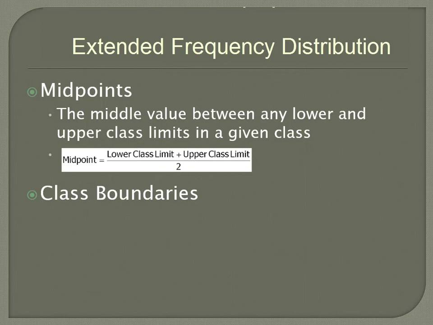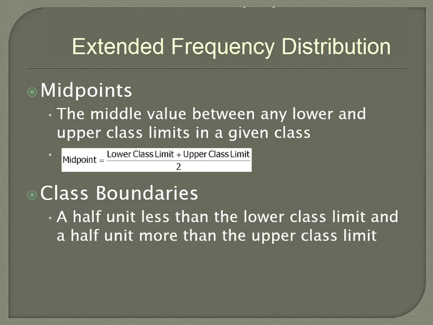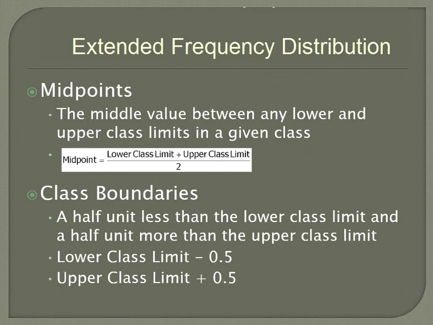Class boundaries. These are a half unit less than the lower class limit and a half unit more than the upper class limit. So if you take the lower class limit minus 0.5 and the upper class limit plus 0.5, that'll give you the class boundaries.